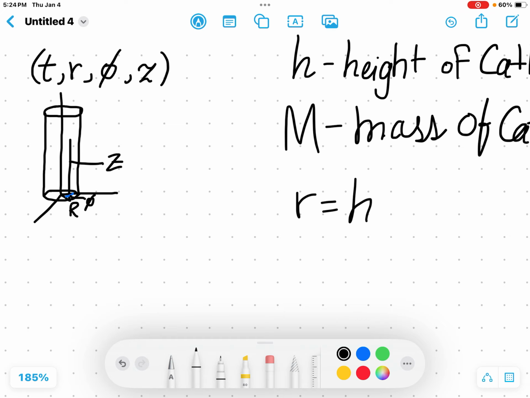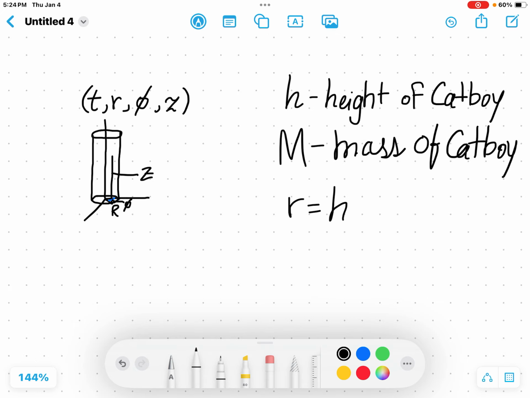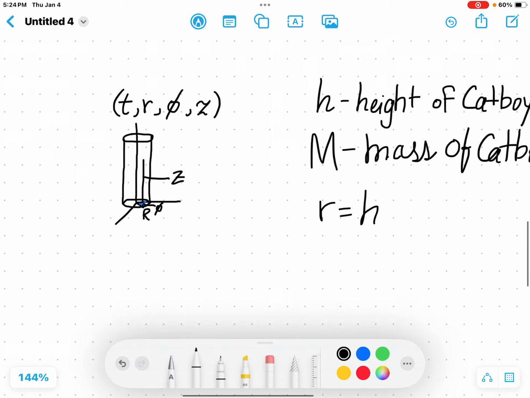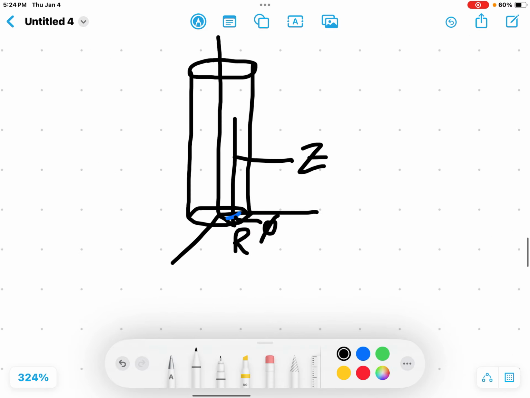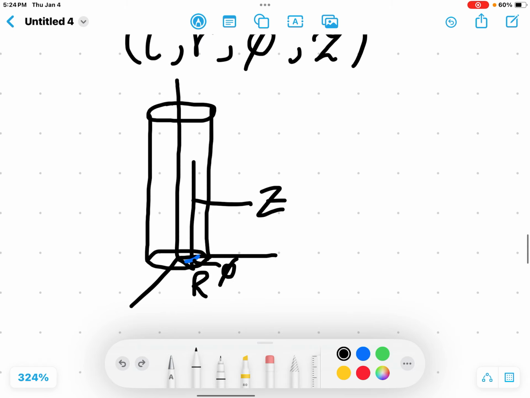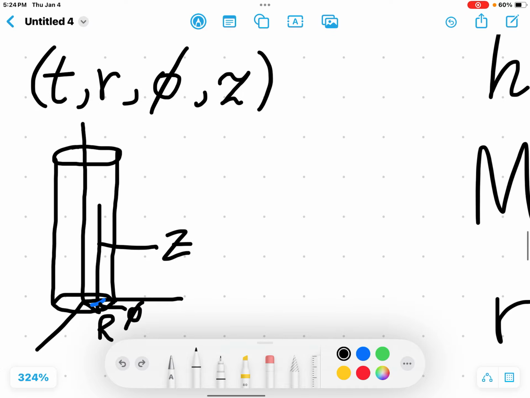So r equals h in this case. And instead of revolving r around all axes, I'm just revolving it around the z-axis. Then the resulting circle I slide upwards.